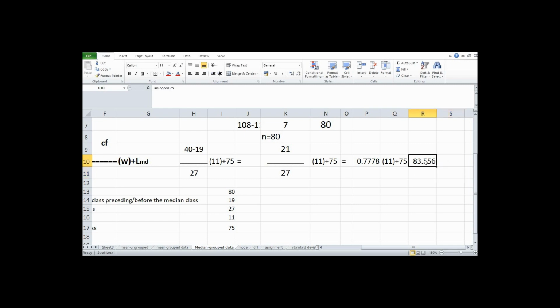So our median would be 83.556. Excel will automatically compute this operation. So our value for our median is 83.556.